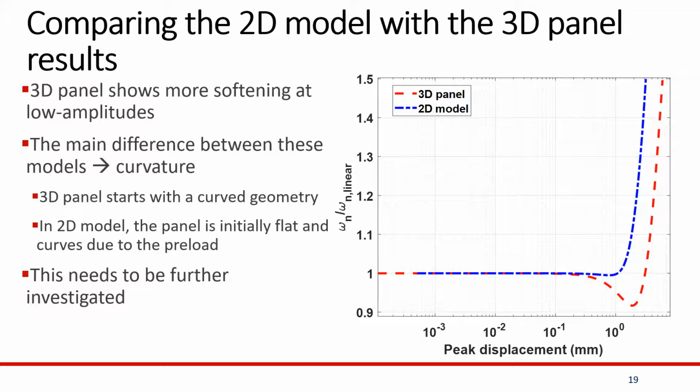The 3D panel starts with a curved geometry, whereas in the 2D model, the panel is initially flat and then it curves due to the preload. So it is possible that this difference is what causes a difference in the amount of softening observed. But this is just a hypothesis and needs to be further investigated.